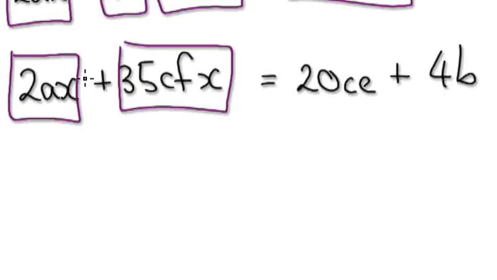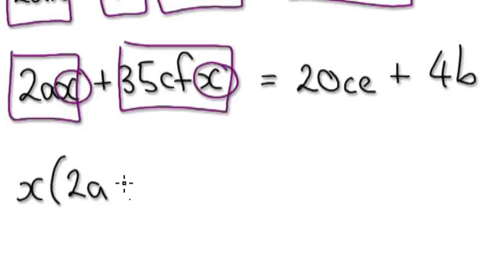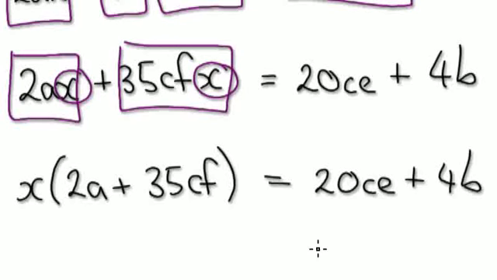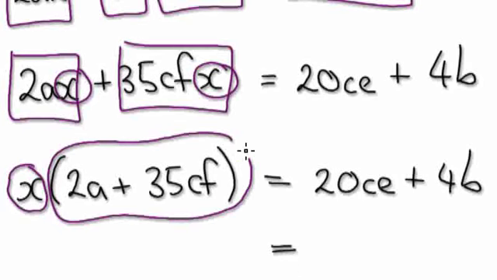Now we look at what's in common. The x is in common here. x is in common here. So factorize it. So this will be 2a plus 35cf, close it off. And on this side, it's just the rest. Now imagine it as this number timesing this bubble here.